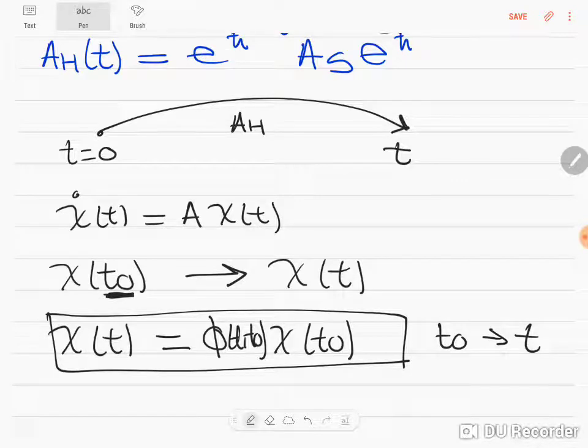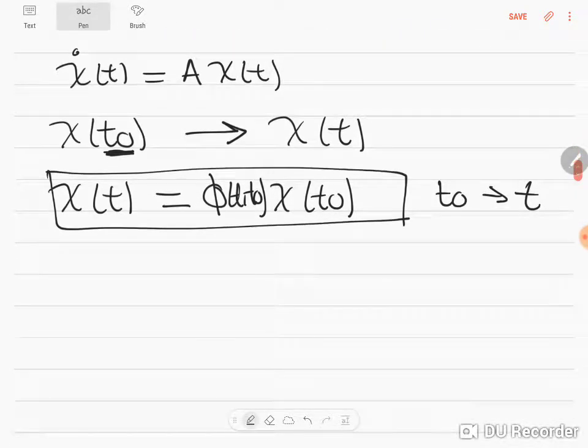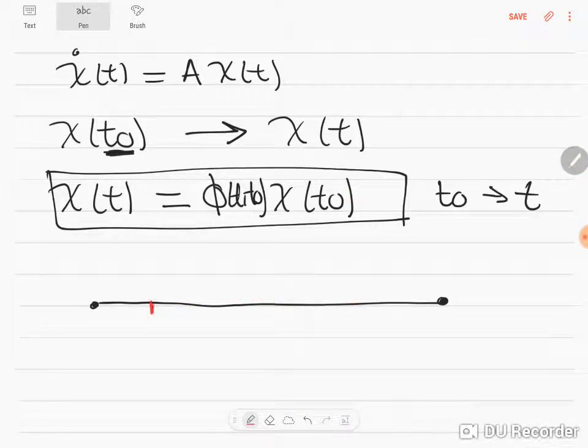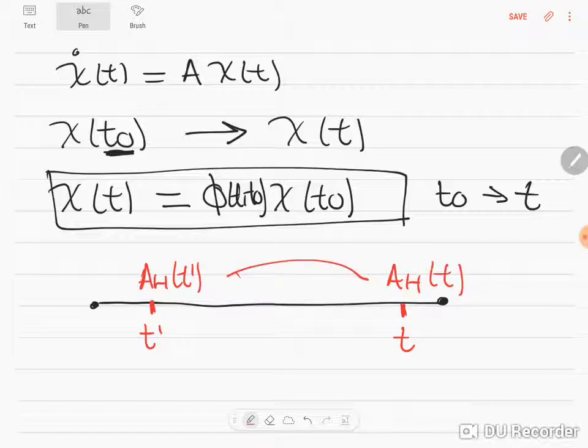So now what we want to express is that if we have a quantum mechanical operator, let's draw the time contour. Let's say that you have your quantum mechanical operator evaluated at t prime, and you want to know the evolution of the quantum mechanical operator at t. So that means that you have A_H of t prime, and you want to know what is A_H of t. You want to calculate this temporal evolution.